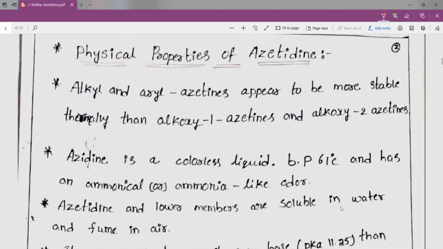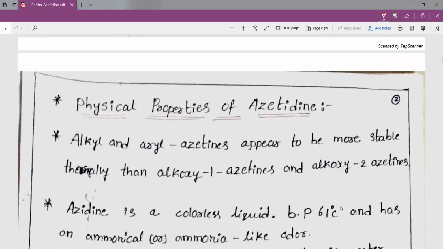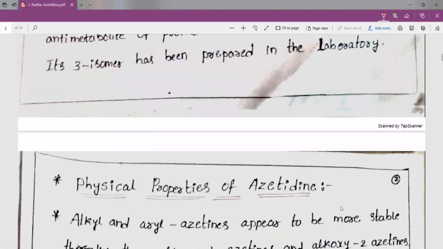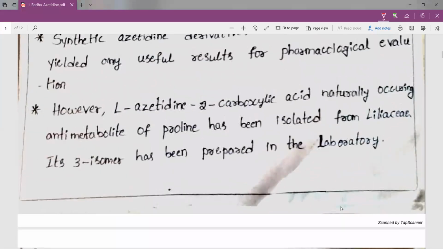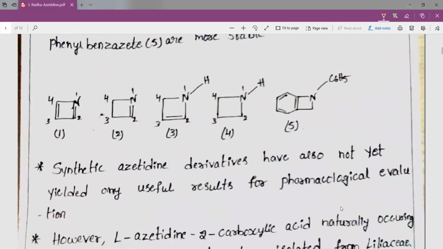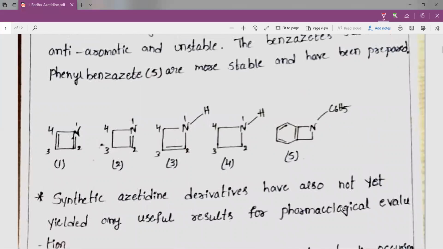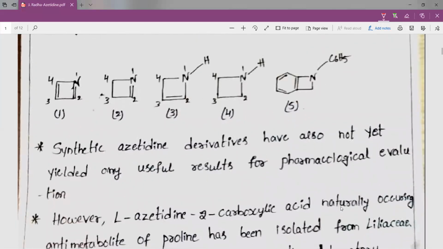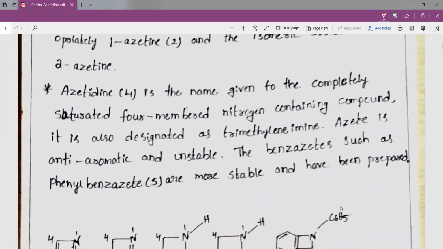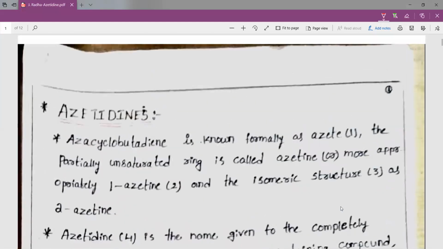These are the various methods of synthesis of azetidine and reactions of azetidine. Pharmacologically, it is not showing much activity, and it also rarely occurs in nature.